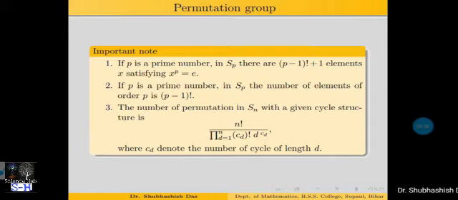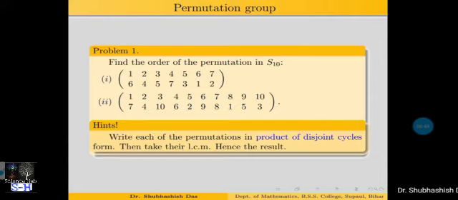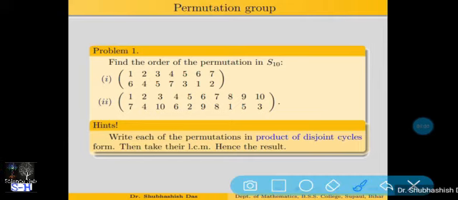Here is an important note. How to find the order of a permutation in S10? For this permutation, write it as a product of disjoint cycles.